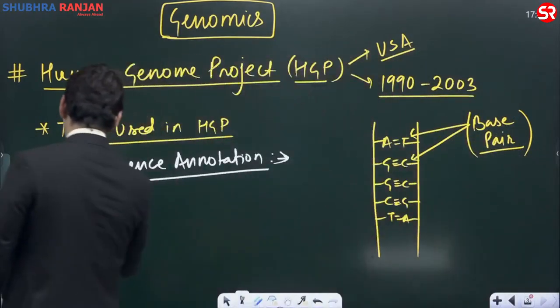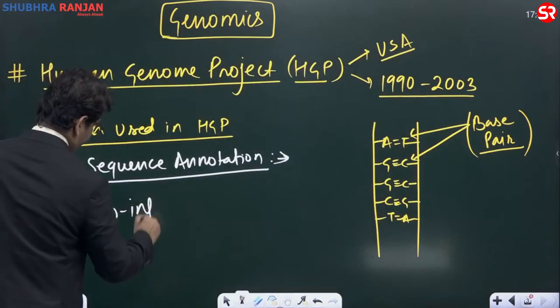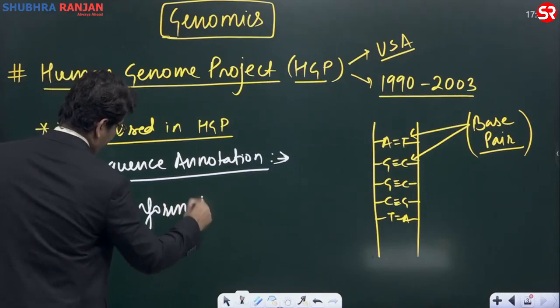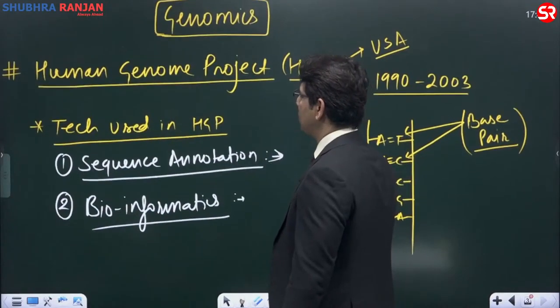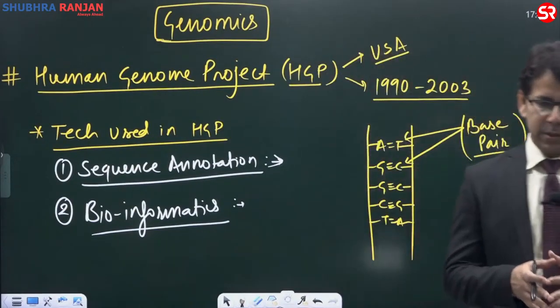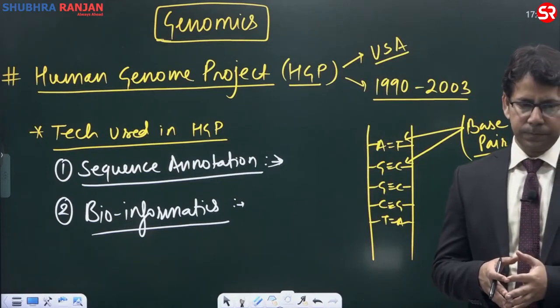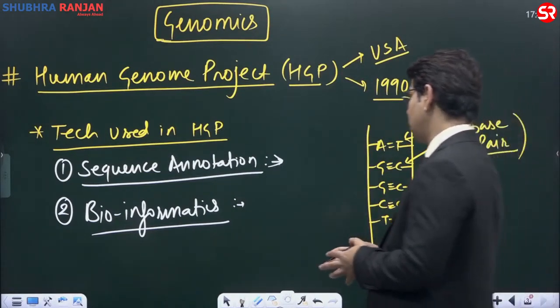The second technology is bioinformatics, for data storage and analysis in supercomputer.